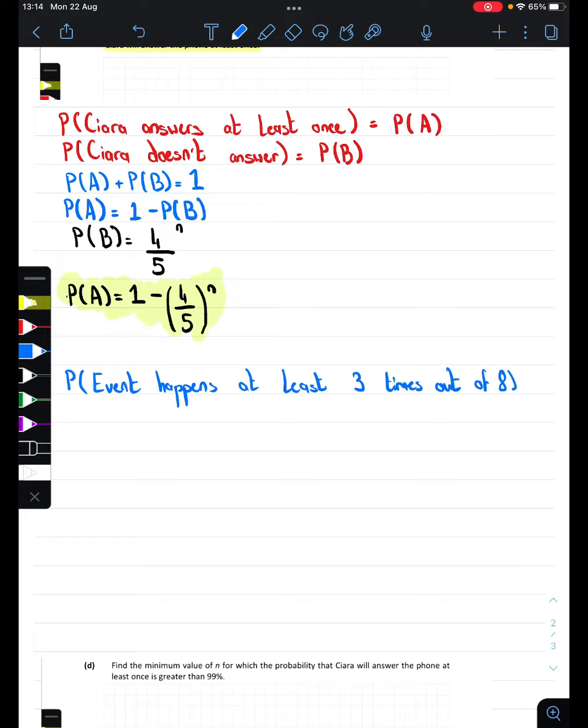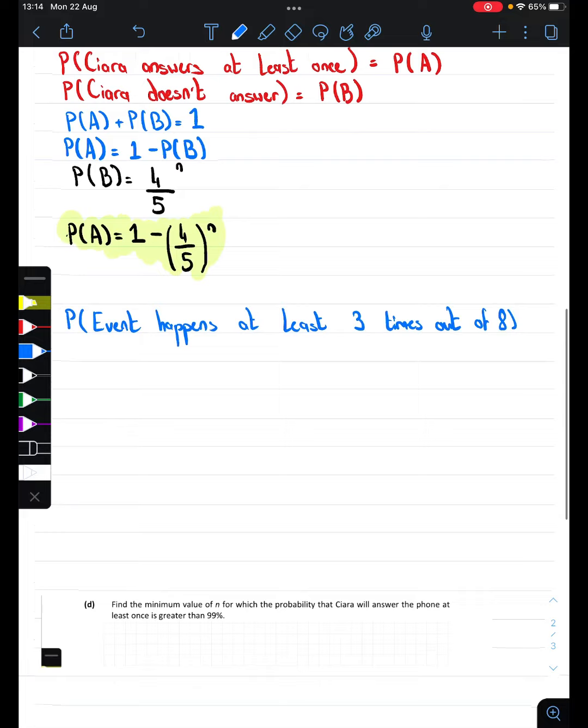Well, then we could look at the probability that it happens 3 times, or 4 times, or 5 times, or 6 times, or 7 times, or 8 times. Or we could just look at the probability that it happens at most twice. And then there's fewer things to calculate.